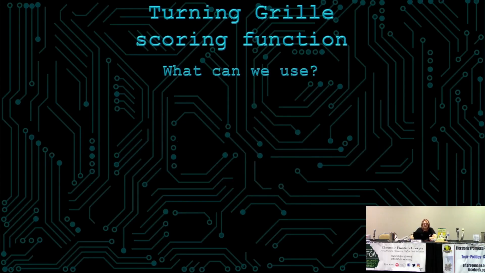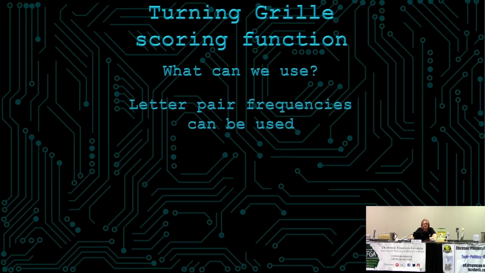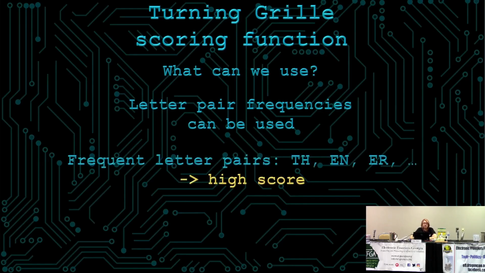When trying to solve turning grill, because it's not a substitution, knowing that E is the most common letter isn't helpful at all. So you need to find some other way of figuring out when you are on the good track of cracking the message. With turning grill, letter pairs are going to be your friend.